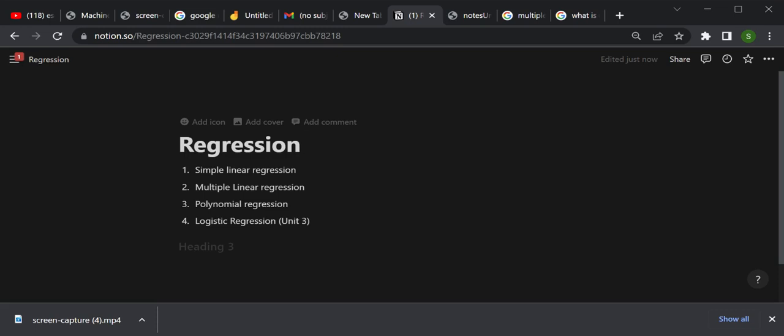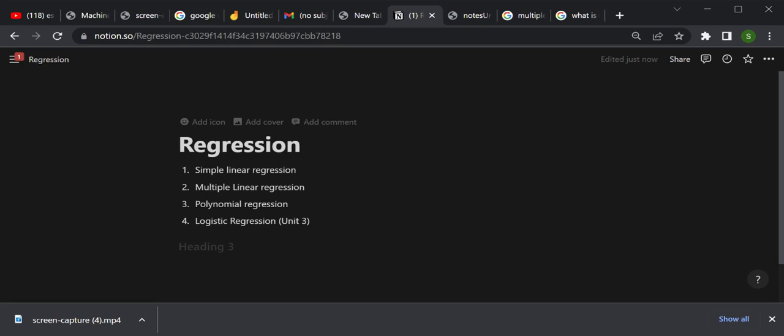But when the data is not linear in the training data set, we use polynomial regression, where we take the simple linear regression predictors and add some extra predictors by raising the power of the already existing predictors. This is called polynomial regression.